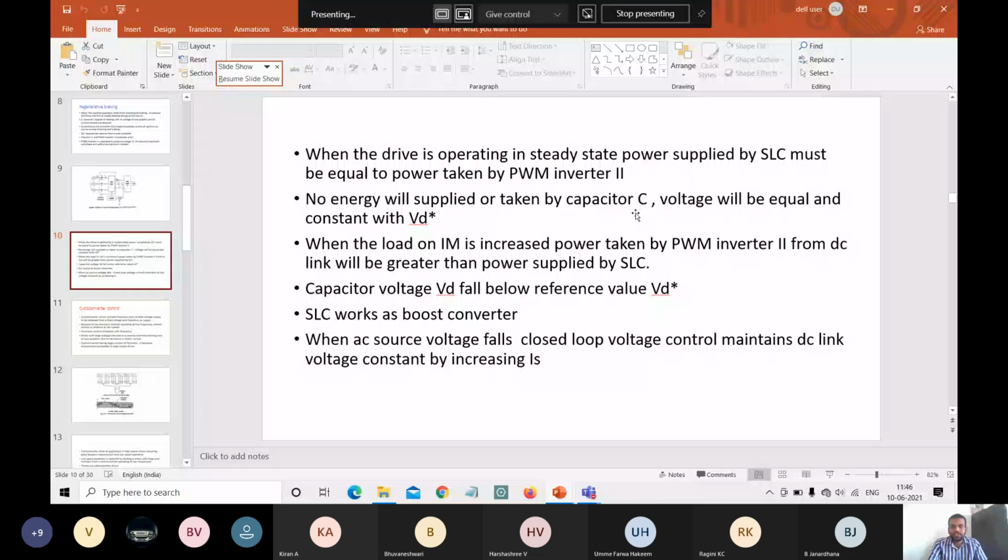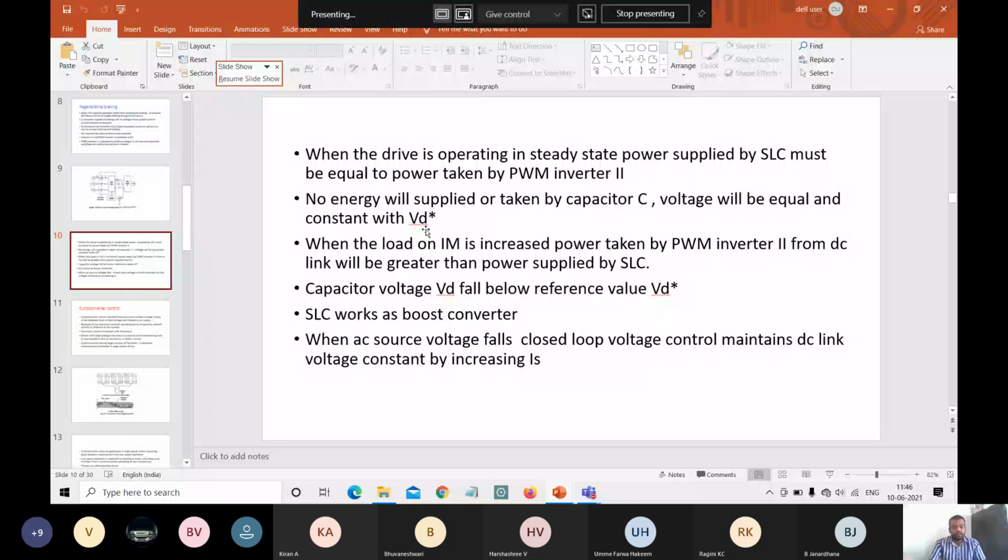With the help of the controller, these two things balance each other. So the SLC works as a boost converter, and the closed loop control of the DC link voltage provides the voltage to our drive.